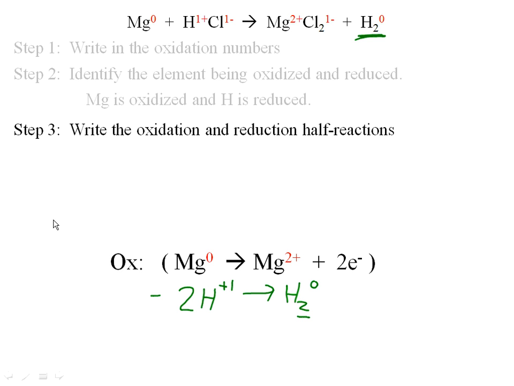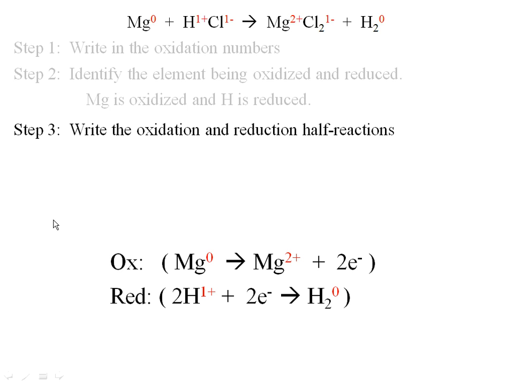Then we need to add the number of electrons needed to balance the charge on both sides. It's very important to remember that there have to be 2 electrons, 1 for each of the hydrogens. So in a diatomic half reaction, we have to remember to double the electrons and to put the little 2 with the element that has the 0 charge, and the big 2 in front of the element that has the charge or oxidation number.